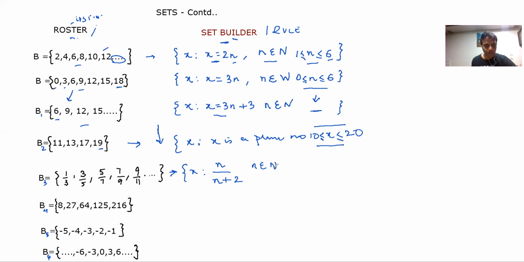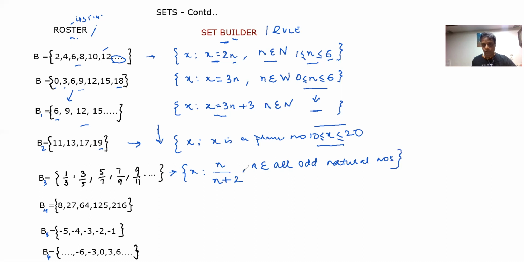No, I cannot, because in the numerator these are all odd natural numbers. So what I'm going to write, Control Z, n is the element of all odd natural numbers. Close with a curly bracket.